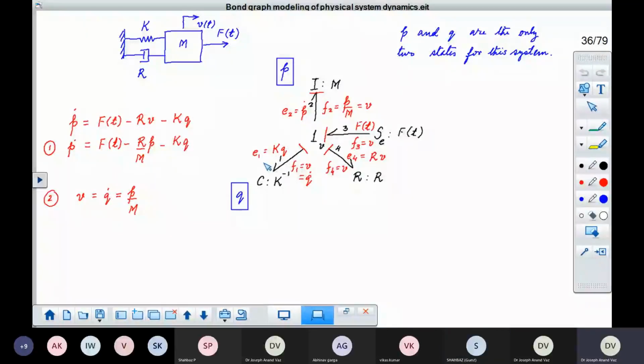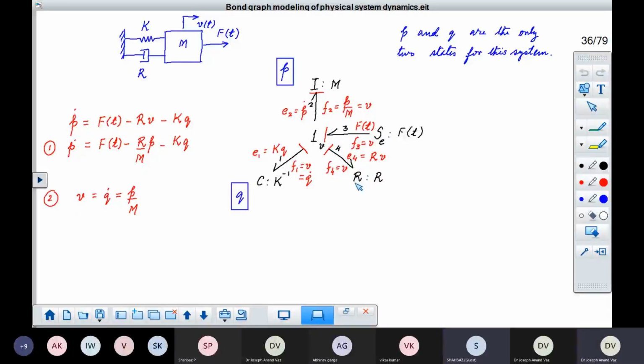And here we have the effort, which depends upon the characteristic of the spring. If the spring is hard, K will be larger. So E1, the effort applied by the spring, is equal to K into Q. So this is as far as the effort and flow of the bond connected to the C element is concerned.